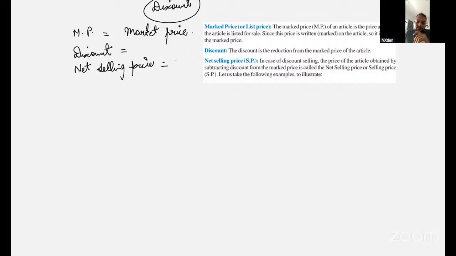We have to subtract it. 80% discount means subtracting, so this decrease concept will work here. Like 80% of 100 rupees, whatever amount comes, you have to subtract from the 100 rupees. We learned that now, and we'll do some questions.